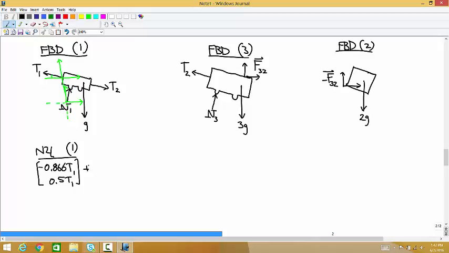So we have 0.5 N1, 0.866 N1. The weight, that's 0, negative 1g, because it's in the negative y direction. So 0, negative 9.81.